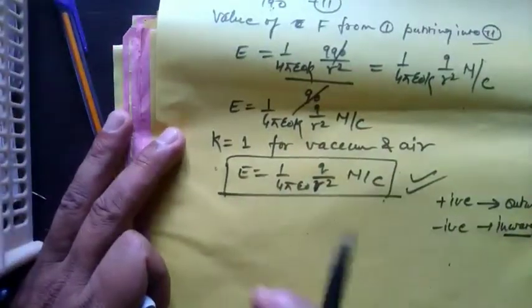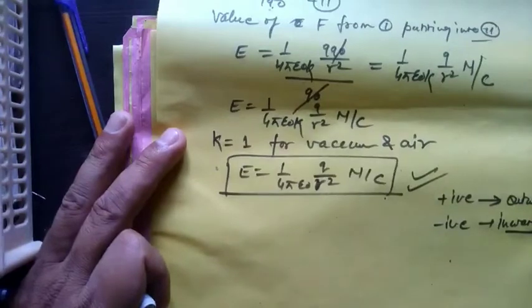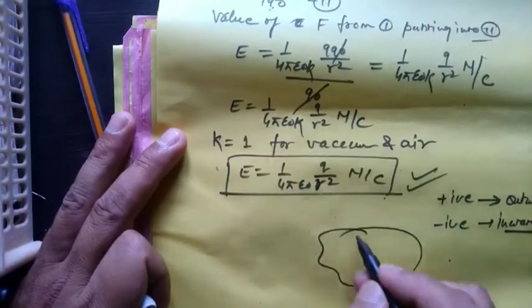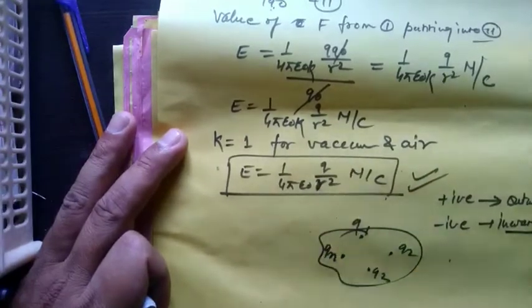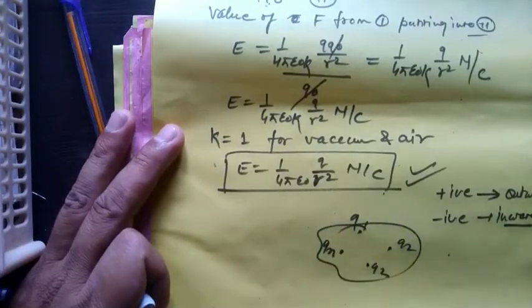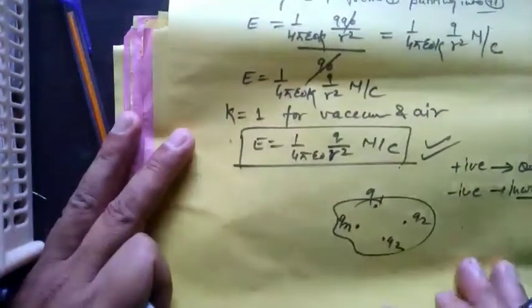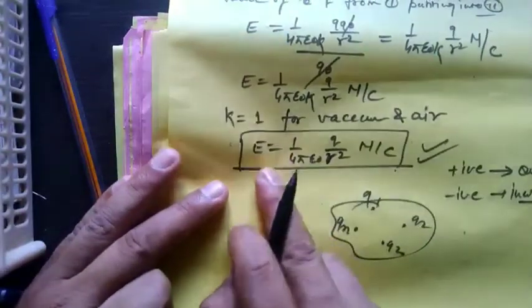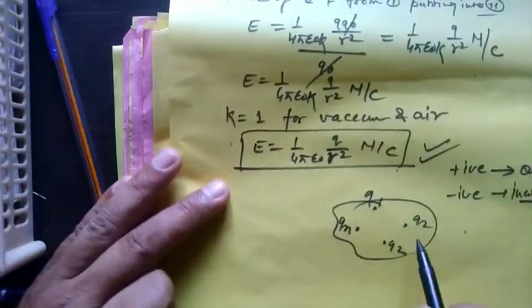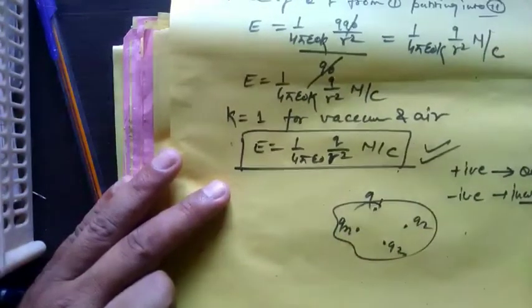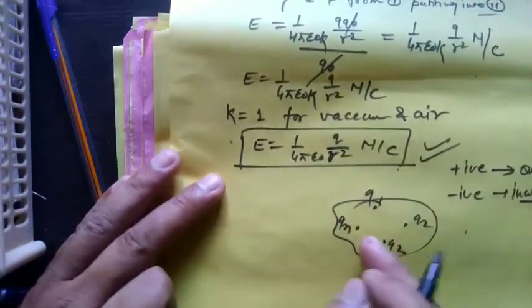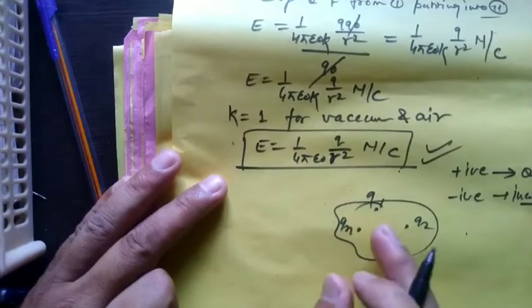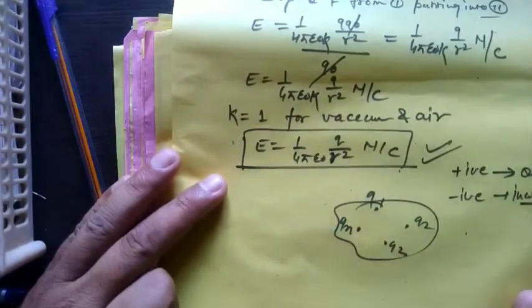So if you have a multiple number of charges in a system, q1, q2, q3, up to qn, then the electric field intensity for each charged body is different, and the distance of each and every charged body will be different.